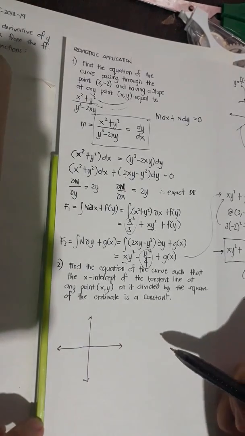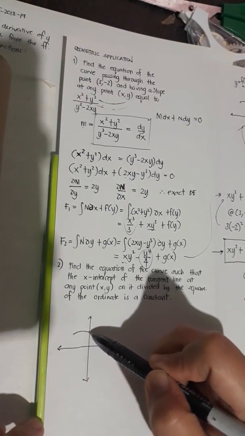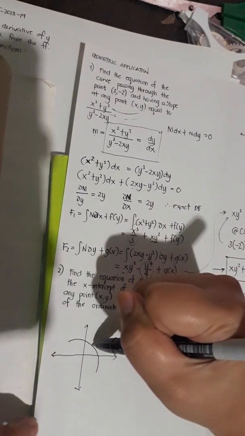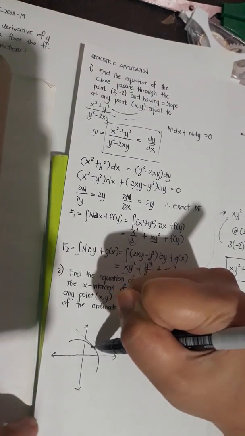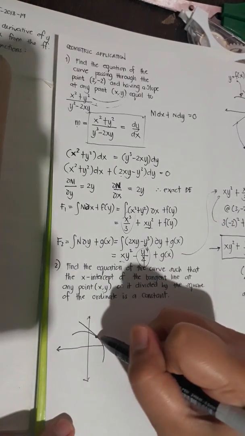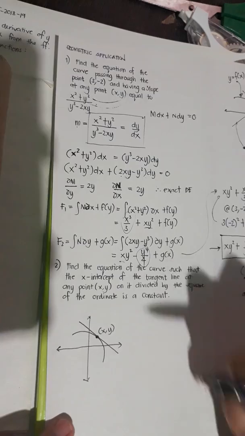So say we have here this is the curve, okay, and then this is the tangent line of the curve at point xy.